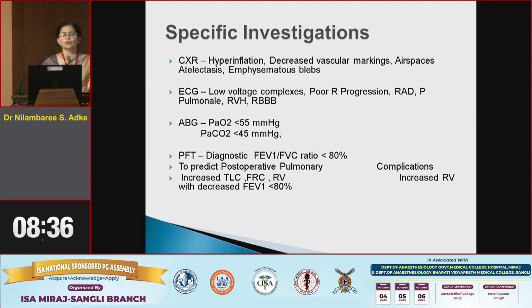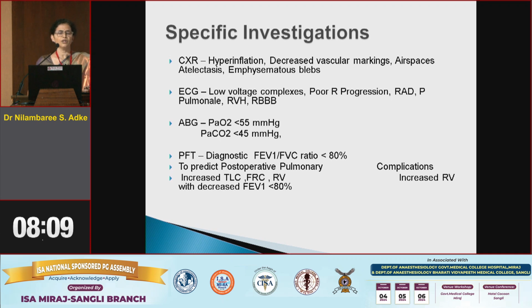The chest X-ray will show us hyperinflation of lung fields. Vascular markings are decreased, air spaces like emphysematous bullae may be seen, and atelectatic changes we may see. ECG may show right heart changes like poor R wave progression, right axis deviation, cor pulmonale, right ventricular hypertrophy, right bundle branch block.